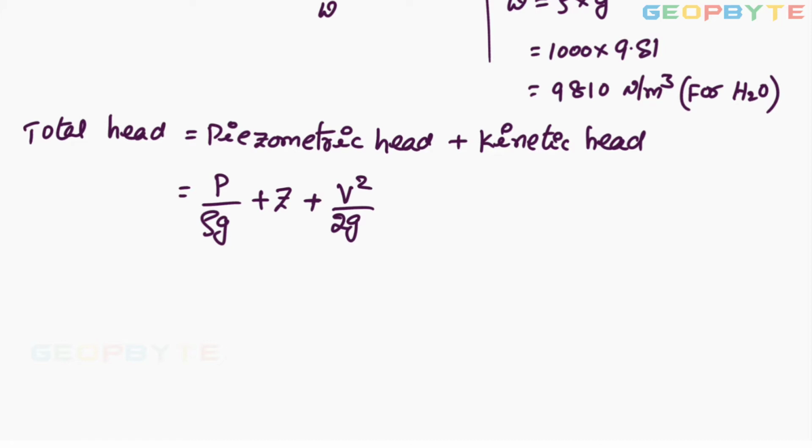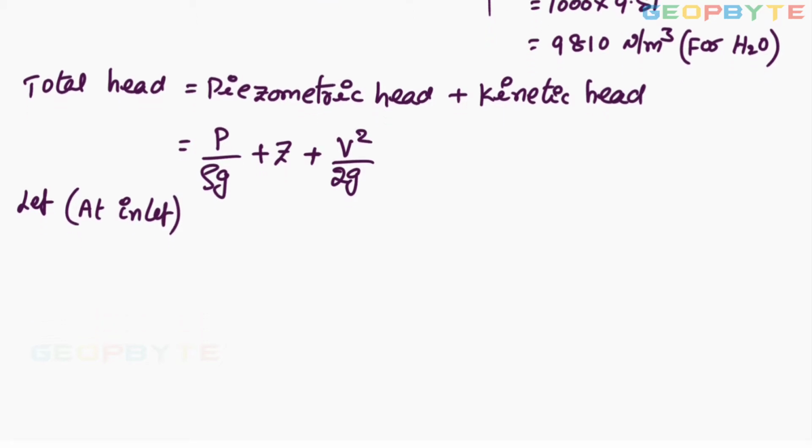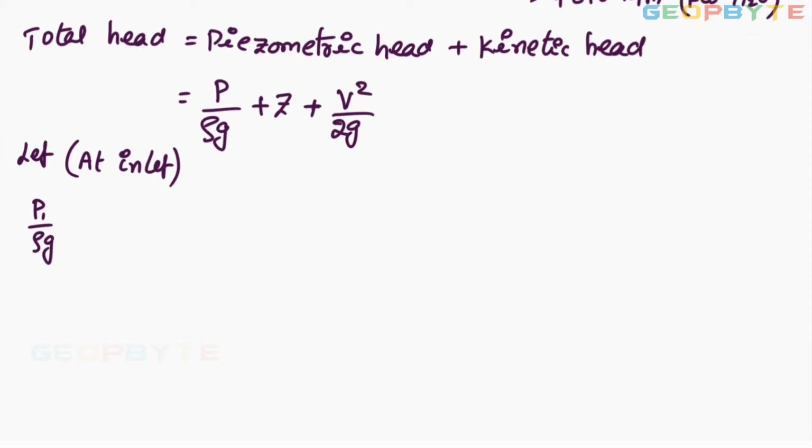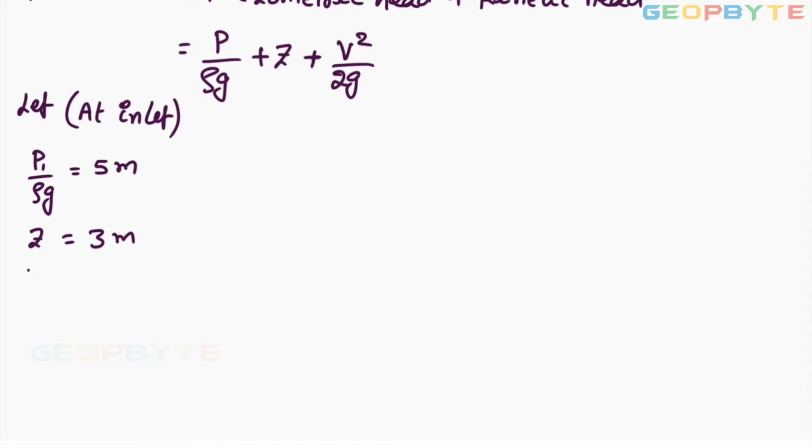Then let us assume at the inlet of the flow, the pressure head P1 by rho g equals, let it be some 5 meters. Potential head is some 3 meters. And kinetic head V1 square by 2g equals some 4 meters.